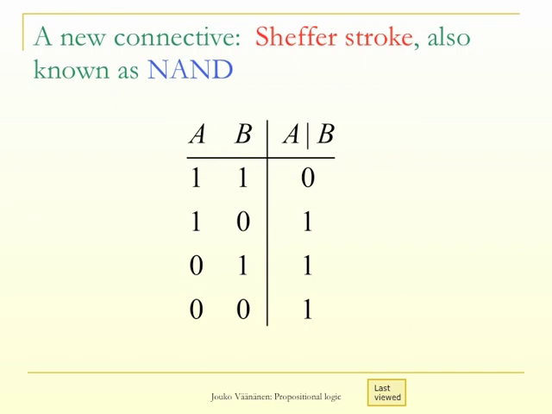Here is an important new connective called the Sheffer stroke. It is also known as NAND, coming from the words "not and", because as one can easily see, this truth table is like the converse or negation of "and".